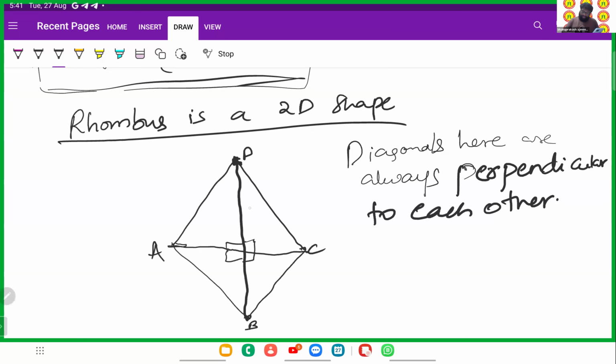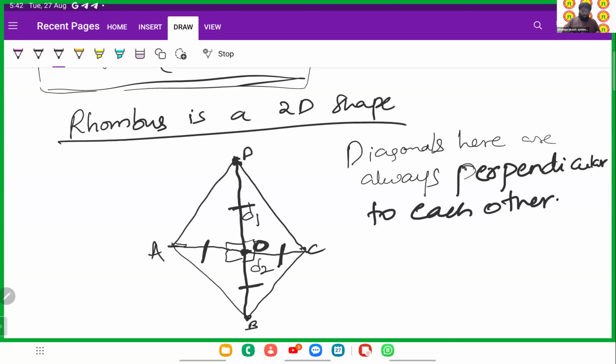Let this diagonal, connecting B and D, be D1, and the diagonal connecting C and A be D2. If I consider this intersecting point as O, then OA, OC, OB, OD are equal.